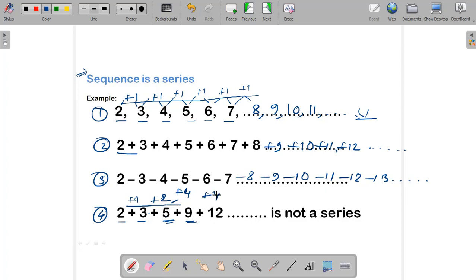If we add plus 4 with 9 we get 13, but there is 12, that means plus 3. So if we add 3 with 9 we get 12. So this does not represent a series, because these numbers do not follow a certain rule. So the above 3 examples represent a series, but the fourth example does not represent a series.